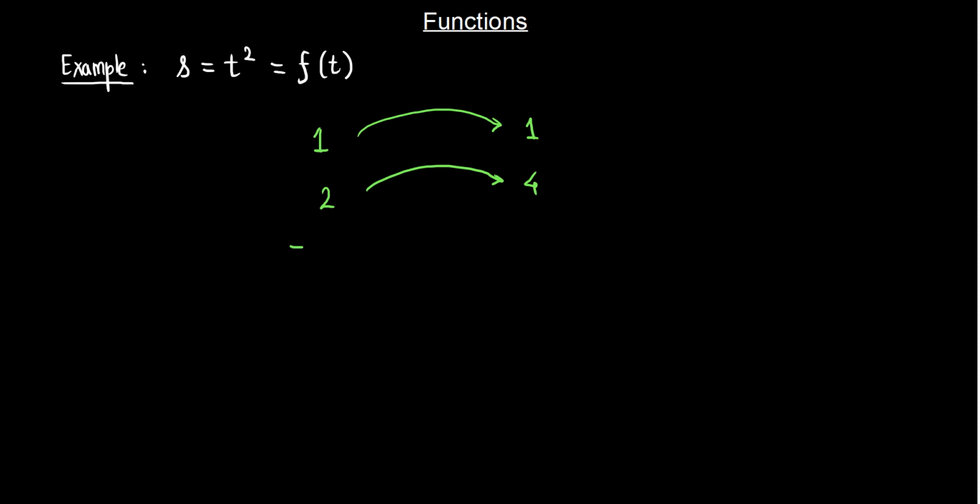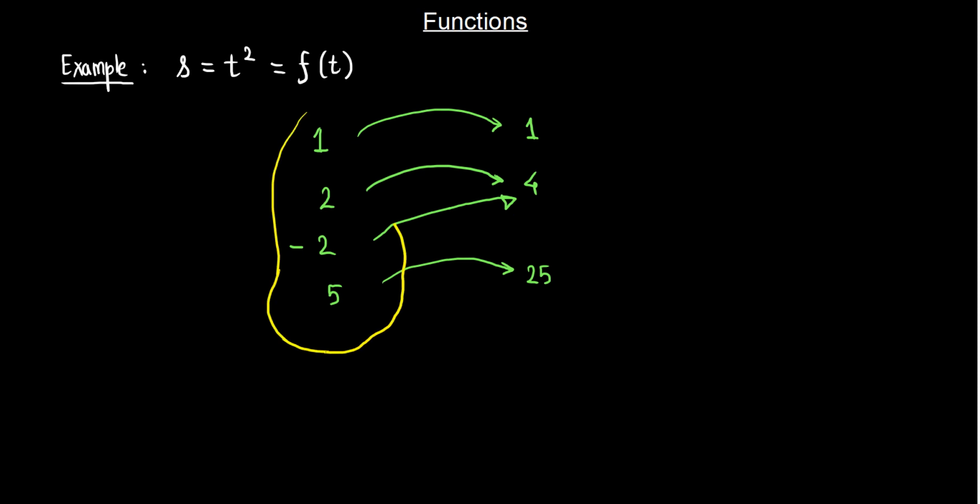Say for example, -2 gets squared to again 4. Say for example, 5 gets squared to 25, and so on. So we have a set of values that are getting mapped to another set of values.